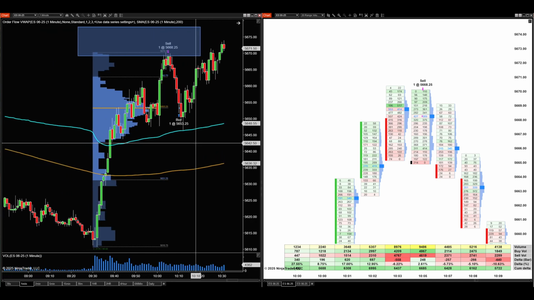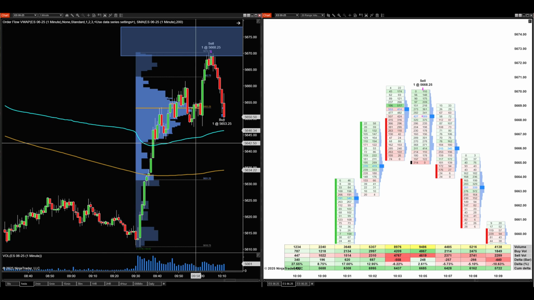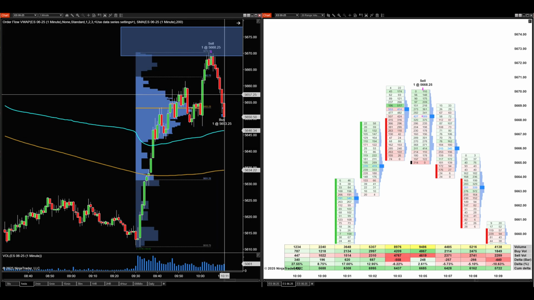Now I want to maximize my reward and maximize my probability of being able to get out for my predetermined profit. I always have predetermined entry, stop, and exit. I also moved my stop to break even once price got down here into these like 56s, 58s.